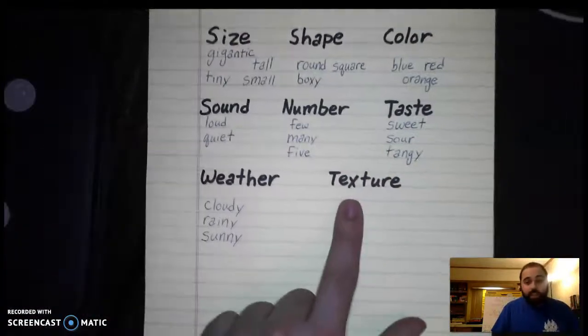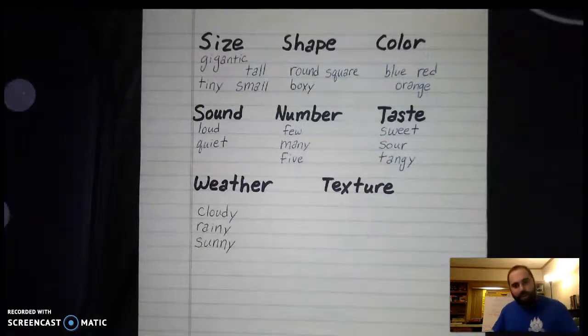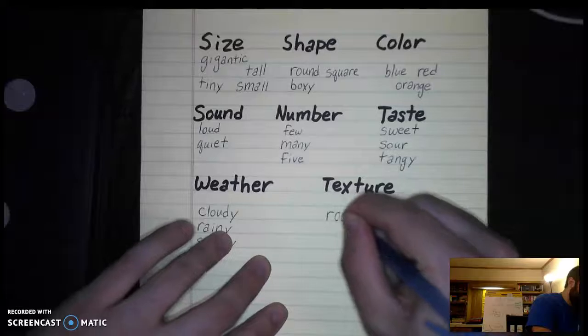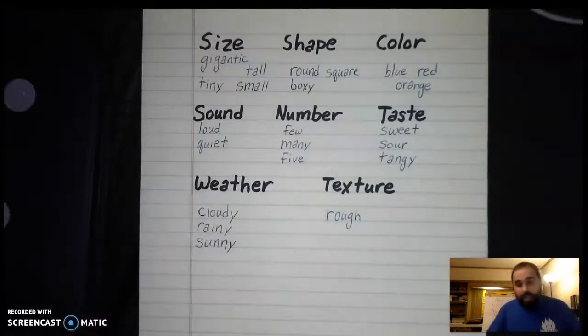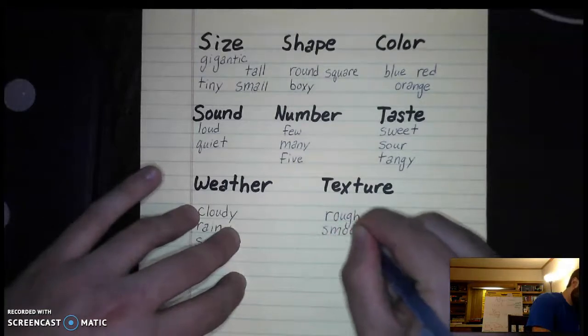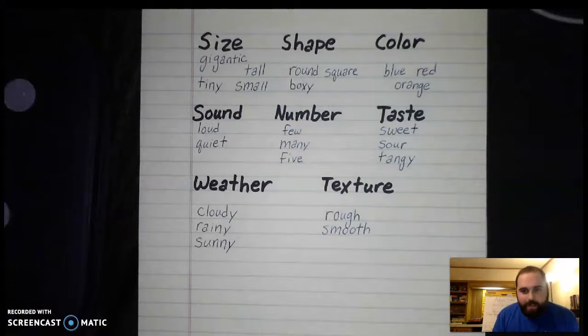And the last one is texture. And we've gone over this one a lot with science, right? Describing the carpet on the floor as being, you got it, rough. Or the surface of your desk, it's pretty smooth. And I know some of you always have this in your backpack.